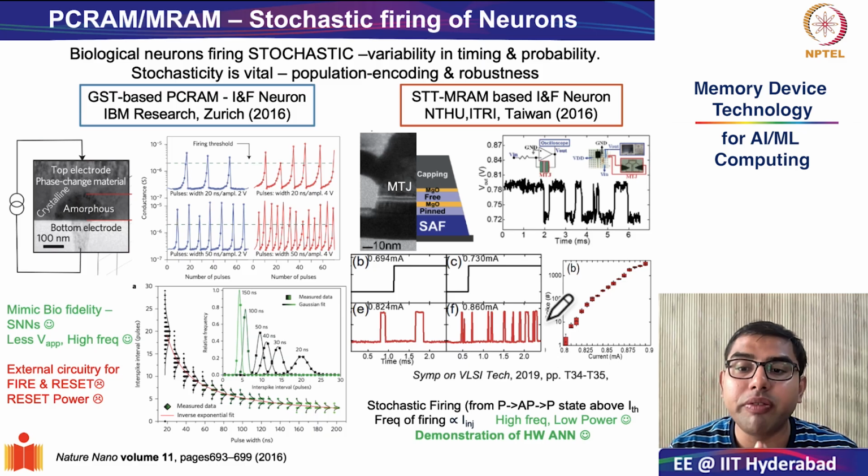Okay, so with this, we conclude today's session where we explored how neurons can be implemented in hardware, starting from 100% CMOS compatible devices to emerging eNVMs like PC RAM and STT MRAMs, which exhibit natural stochasticity.